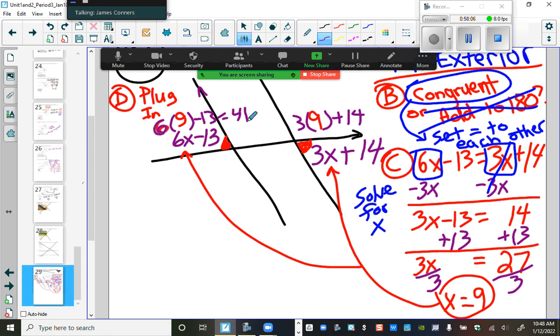Yup. So if this angle was 41, then the linear pair would be 139. Very good. Well done. Because in the end, the linear pair adds up to 180. The consecutive interior adds up to 180.